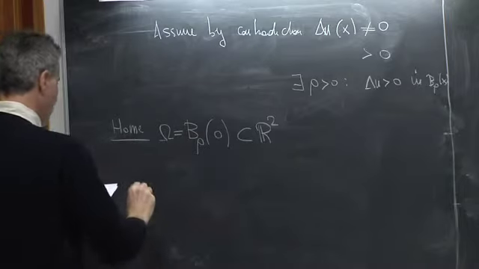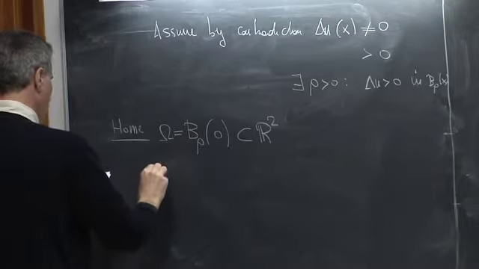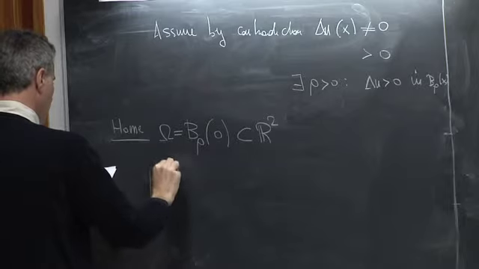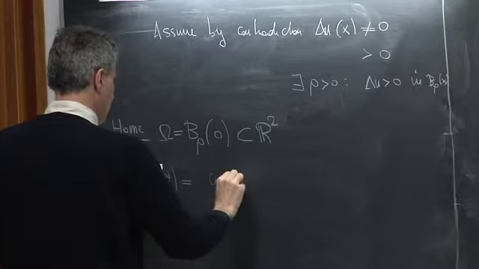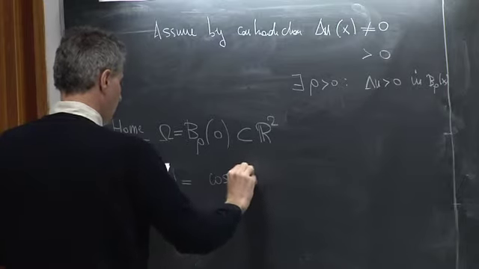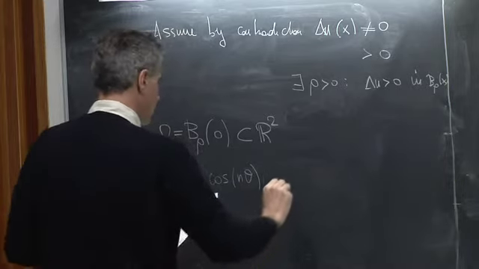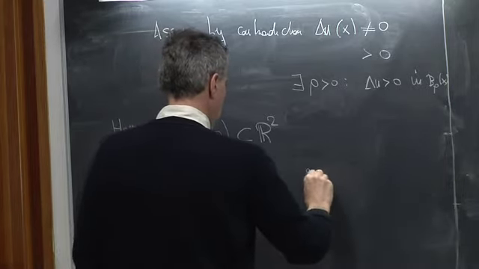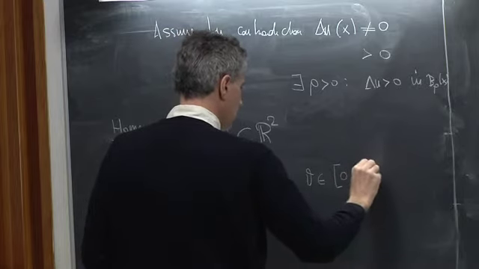Take a function phi of theta equal to cosine of n theta, theta from 0 to pi, say.